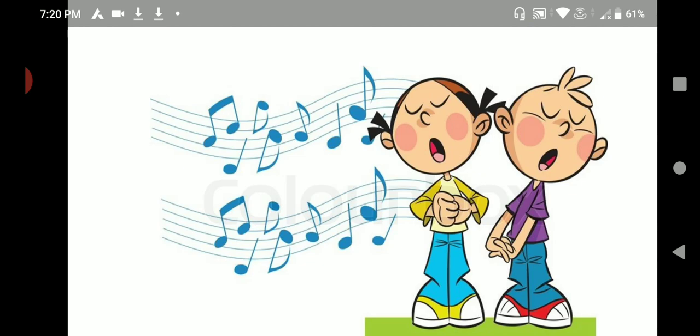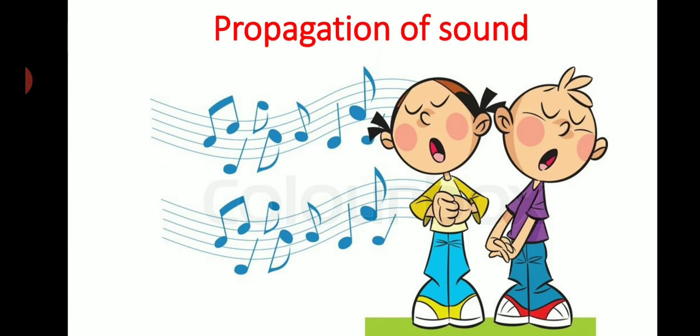Today we learn propagation of sound from the chapter sound. In the previous class we learned how sound is produced from various objects by the vibration of objects. And today we learn how sound propagates from the source through the medium.